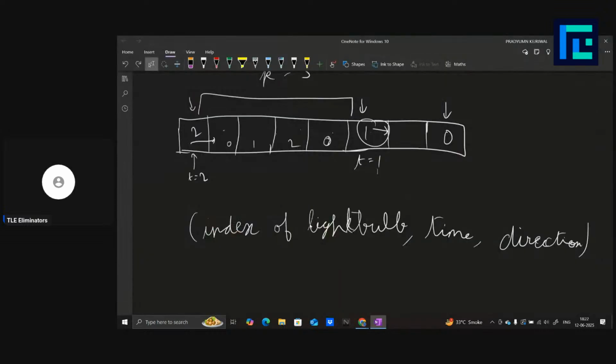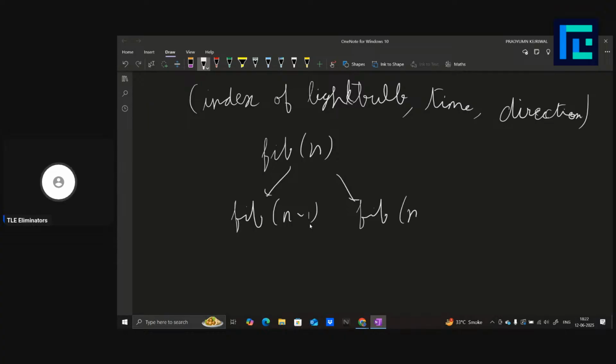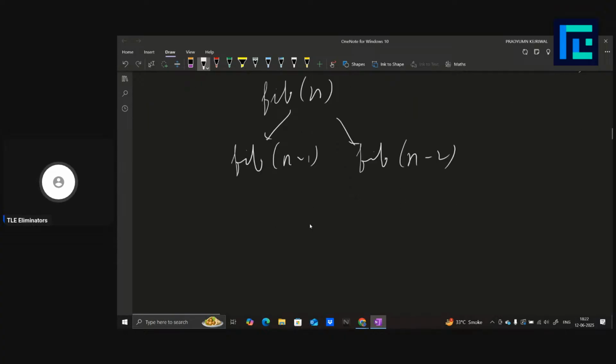What I'm saying is, in normal dp, let's say in fibonacci, we have fib of n depends on fibonacci of n minus 1 and fibonacci of n minus 2, and then again n minus 1 depends on fibonacci of n minus 2 and fibonacci of n minus 3, and again this fibonacci of n minus 2 depends on this and this.